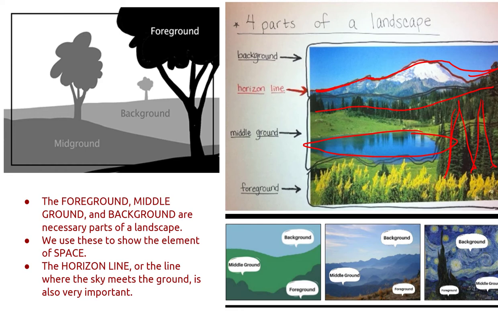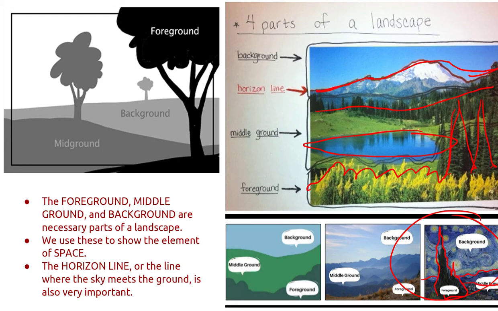And you can see that here in Van Gogh's Starry, Starry Night. If you look down here, he uses that cypress tree in the foreground to give us a starting point to then appreciate these rolling hills in the background and surface in the middle ground.